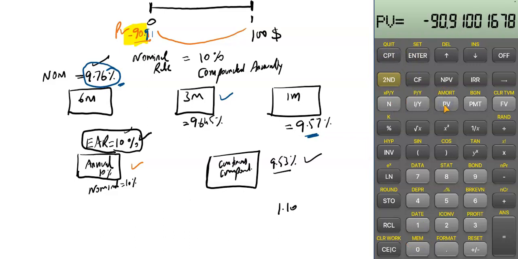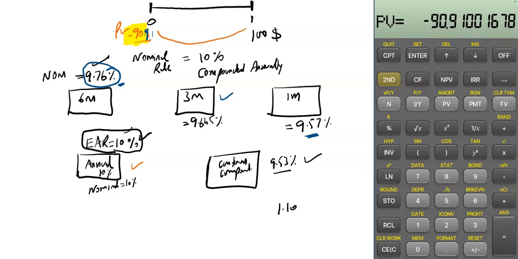Compute the PV, almost 90.91. So this is the approximation way of calculating the present value with continuous compounding. That's how you calculate the present value of a future cash flow, and it's been proven that whichever rate you use, the present value will be the same because all are at the same effective annual rate.